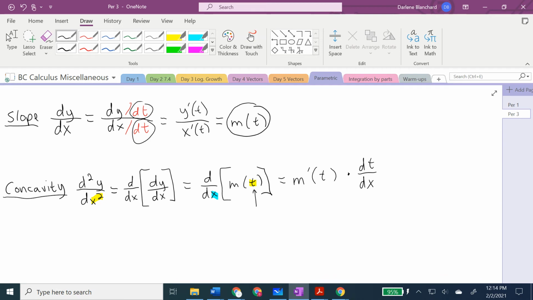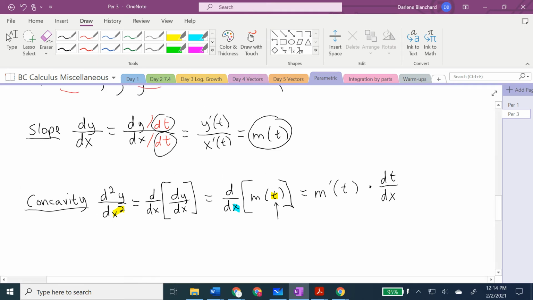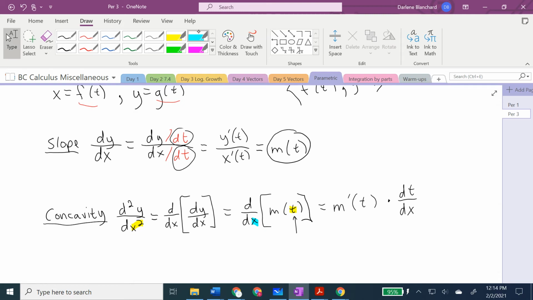But hold on. We're not done yet. Because you want to realize that in order to get to where we're at there, you already found dx dt. This is asking you for dt dx. Take a moment to think about it.